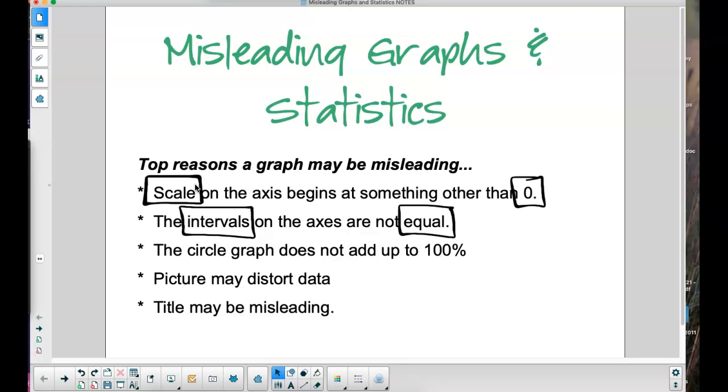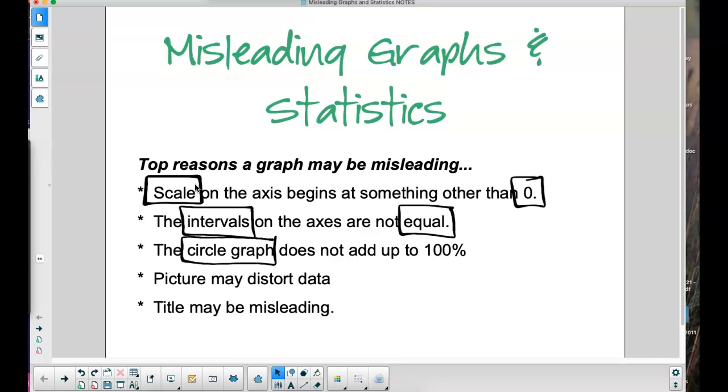You guys tend to do this all the time, kind of by mistake. When you number a graph, sometimes you don't always count evenly. Sometimes you'll count by 2s or by 5s, but sometimes you'll skip some numbers in there, and it happens. The next one: the circle graph does not add up to 100%.